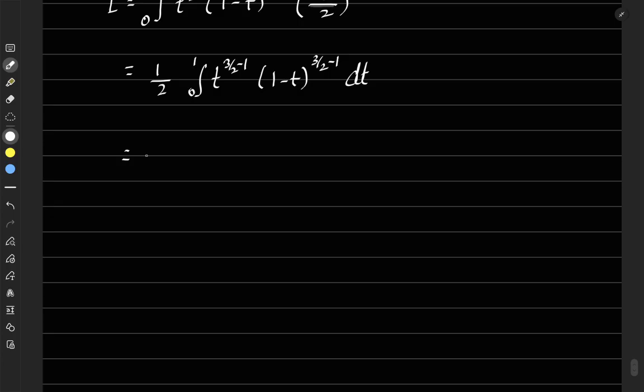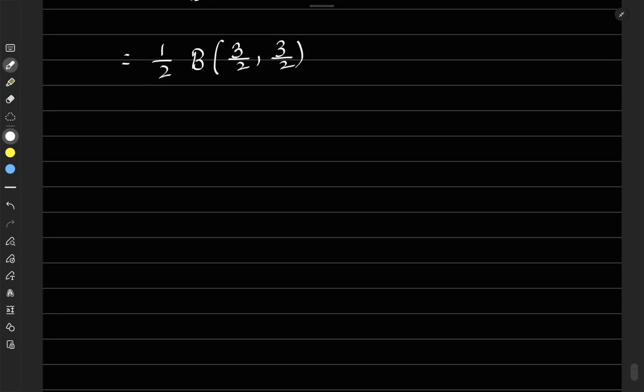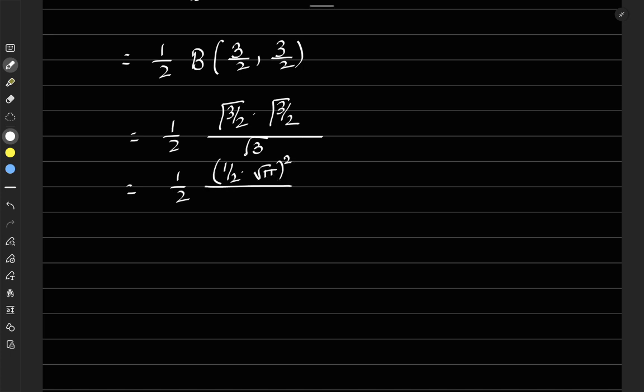If we compare this with our standard beta function, this turns out to be Beta(3/2, 3/2). We evaluate this as gamma(3/2) times gamma(3/2) divided by gamma(3), so (1/2 times root pi) whole square, because the same value is repeated, divided by 2 factorial.